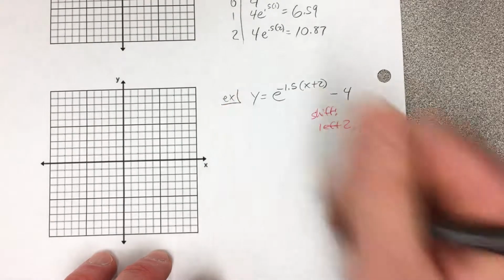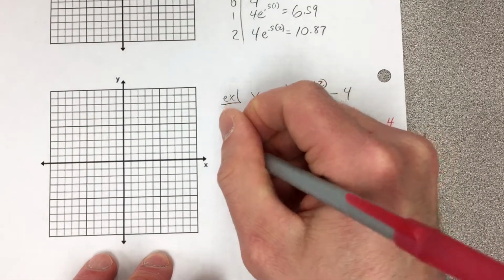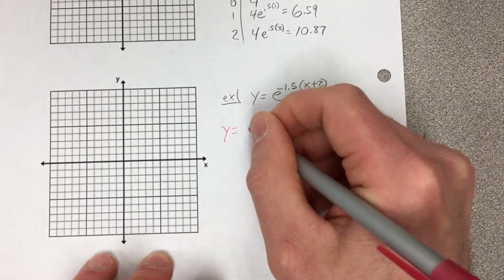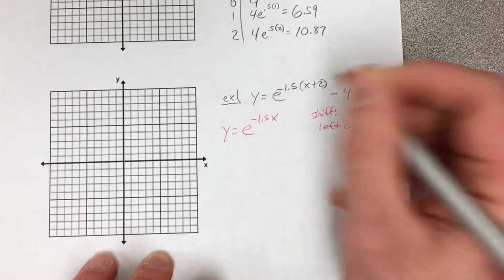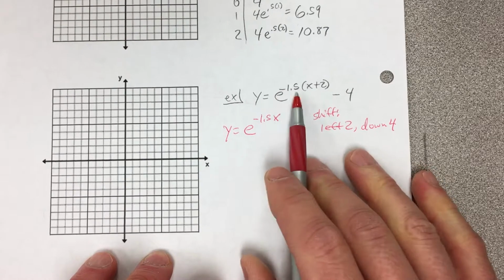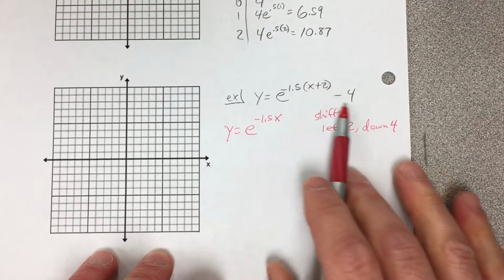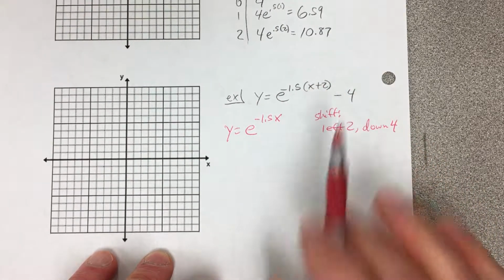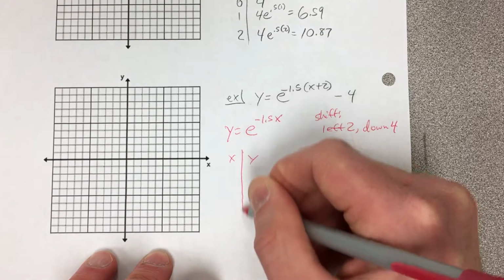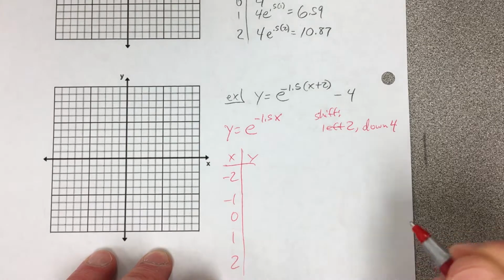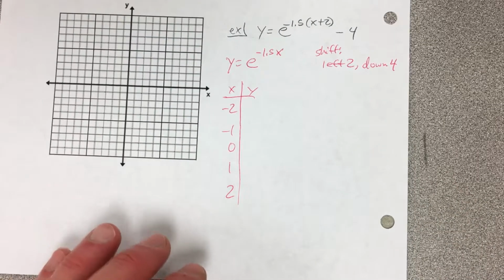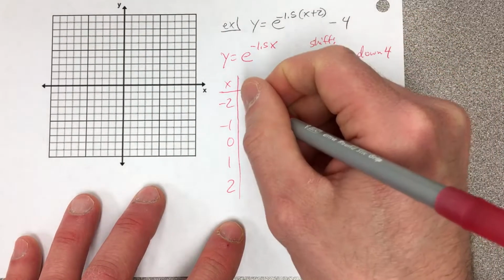Now, because there's a shift, I'm going to start out by doing the non-shifted version first. And you keep the negative 1.5, you keep the x, you just get rid of the shifting part. And you'll punch all those in.